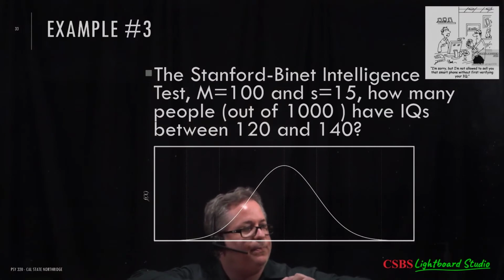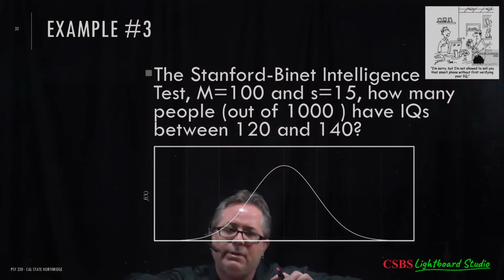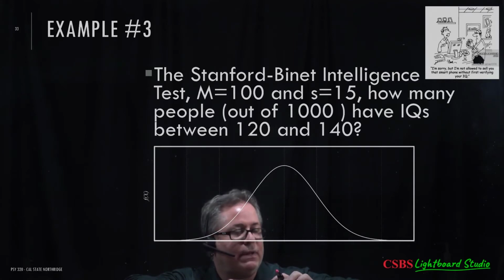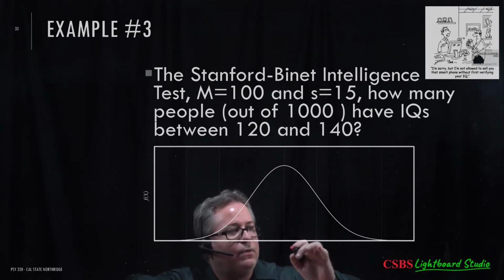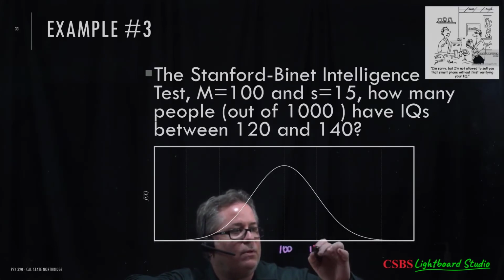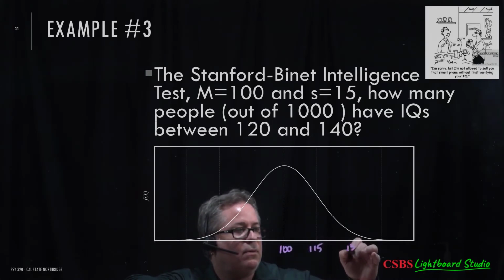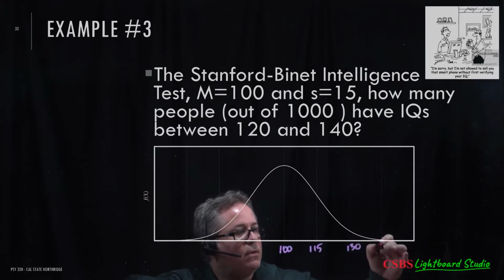We can plot this out. The Stanford-Binet has a mean of 100, standard deviation of 15. It's sort of designed to be that way. So I can put the mean here as 100, which means this goes up to 115, this is 130, and somewhere up here it's 145 or something.